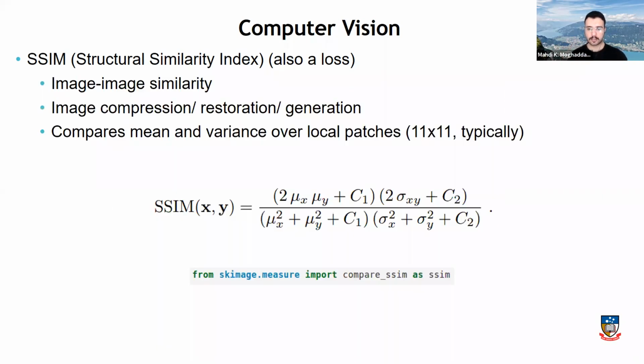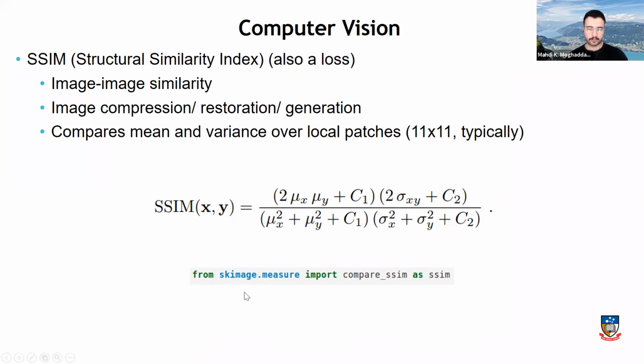It does that using the mean and the variance of those smaller patches. Now, the C1 and C2 constants are there to make sure that there's no numerical error. 11 by 11 is a typical patch size that is used, but I believe that's a hyperparameter that you can adjust.